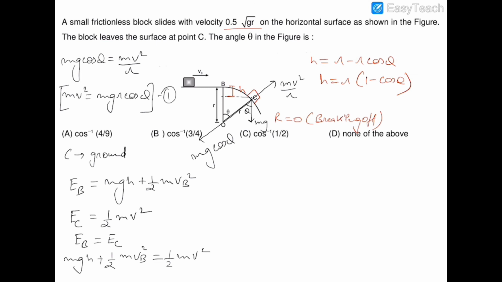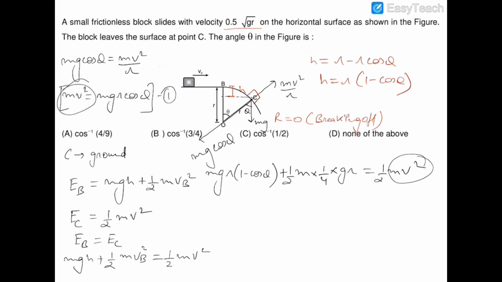Now this mgh will be mg into r into 1 minus cos theta plus half mvb square, where vb square will be 1 by 4 into gr, and that would be equal to half mv square. Now this is equal to mgr, and I can replace the value of mv square with this one.